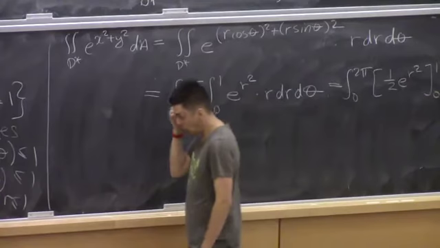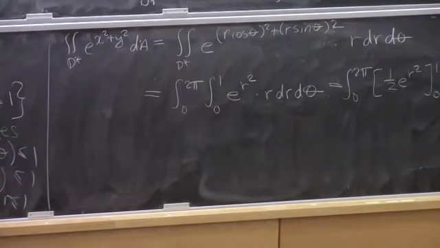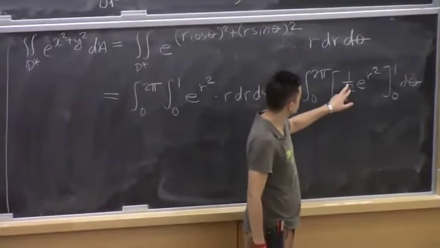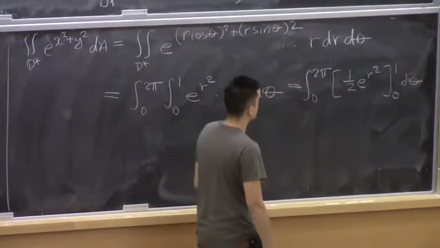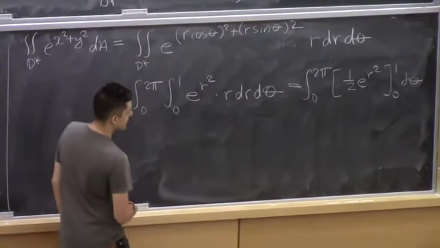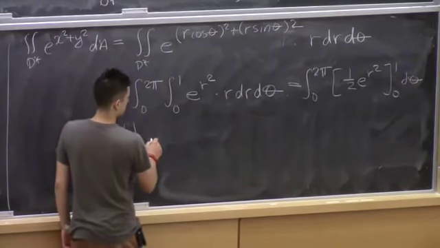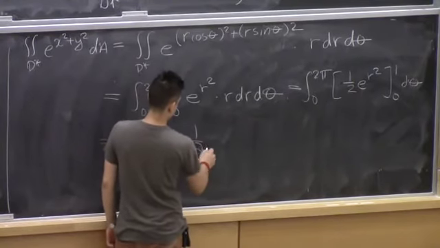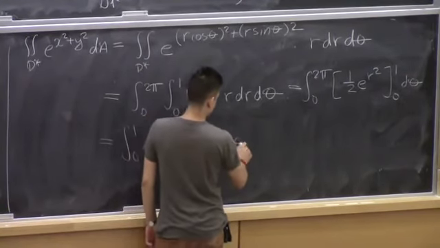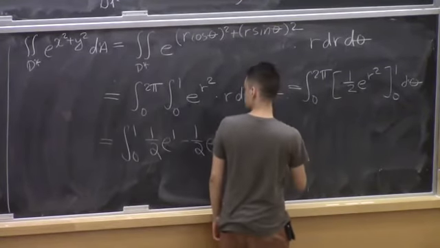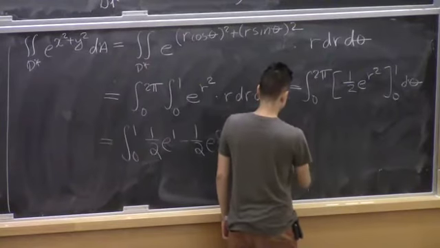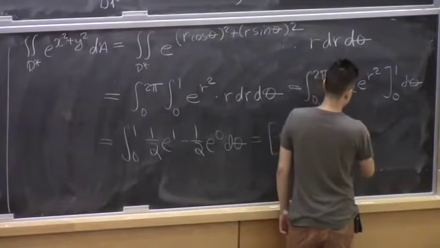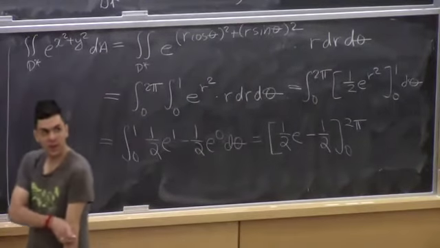When we take the derivative of this, the r squared will give us a 2r, which will cancel here. Okay, and then we get following thing.